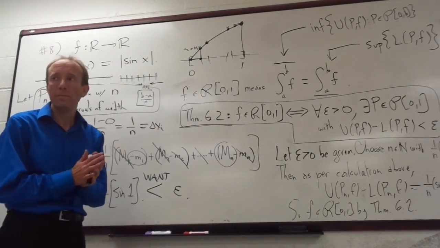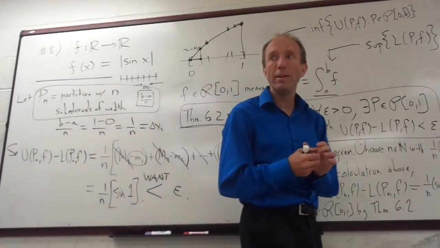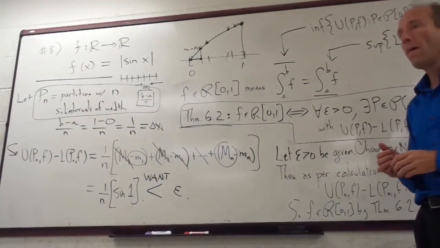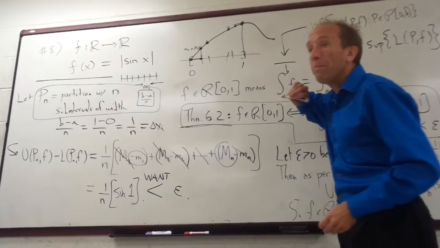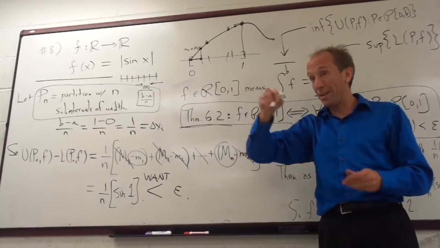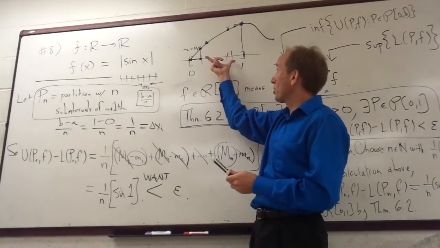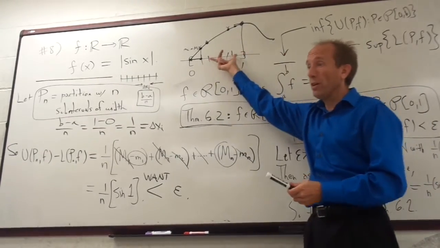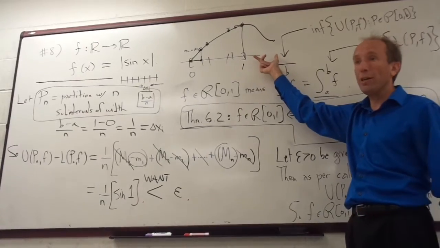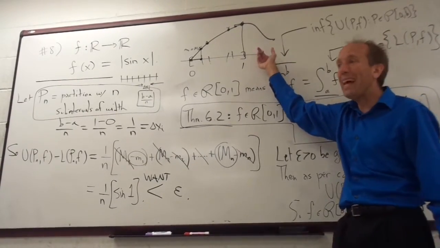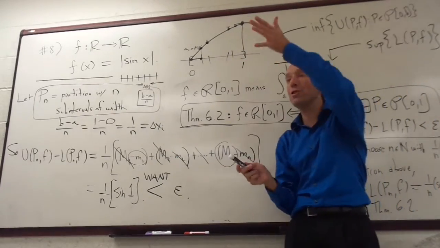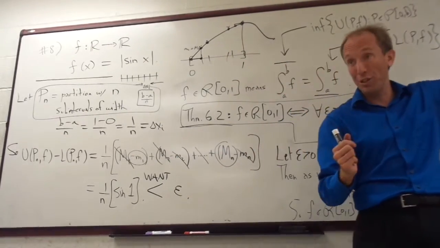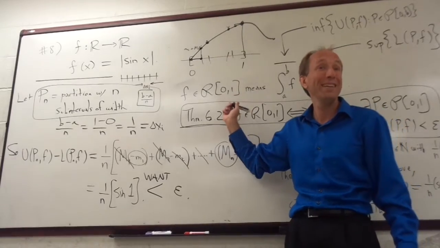If it's piecewise, like piecewise monotonic, what can you do if your graph did something like that? We're going to prove this later: if f is Riemann integrable on an interval [a, b], and it's Riemann integrable on an interval [b, c], then it's actually Riemann integrable on the whole interval [a, c]. So you can chop your function up into monotonic sections and do this trick.